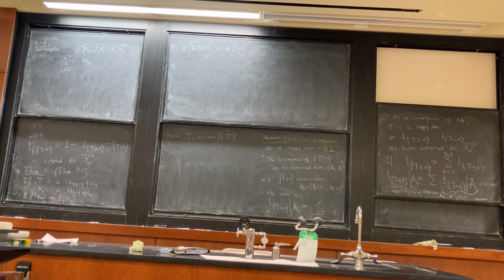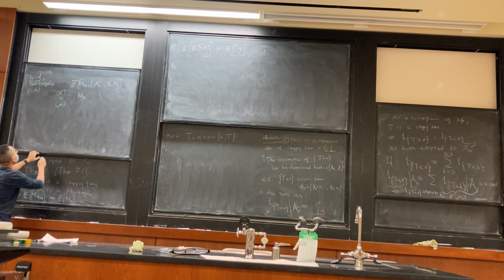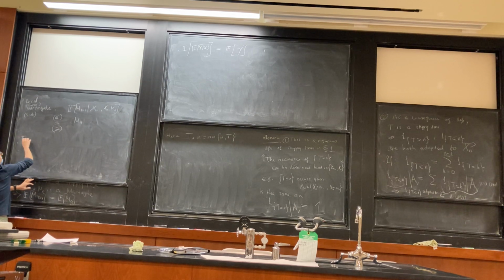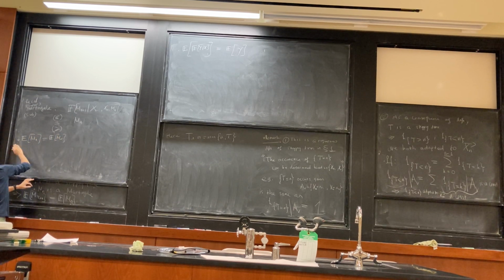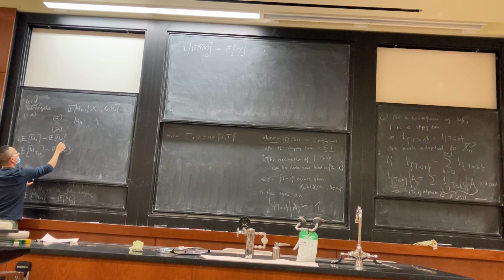So generalized version. So let me put it up here. So we have a martingale, so the expected value of M_{T∧n} is the expected value of M_0.